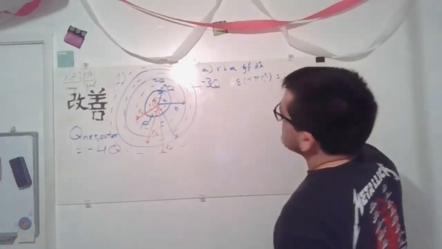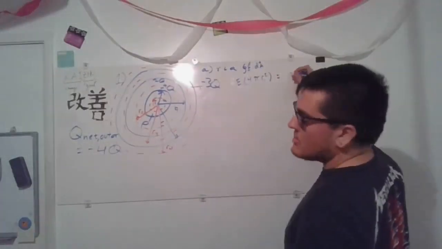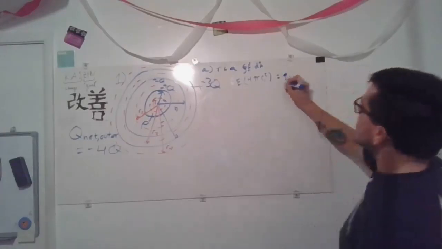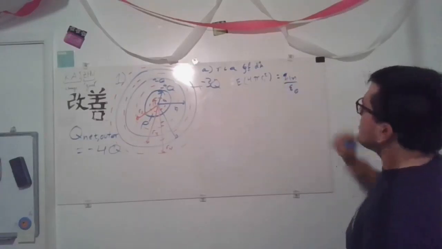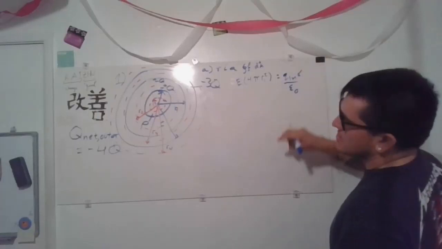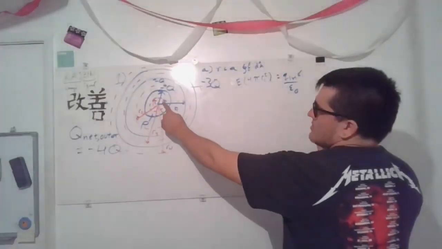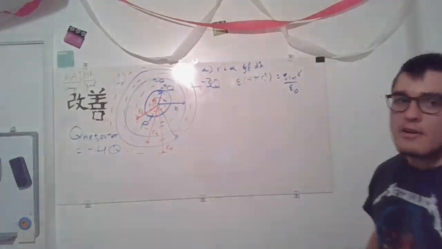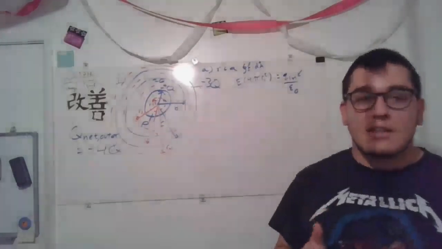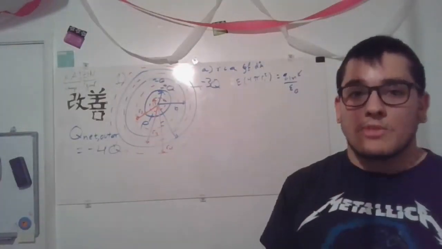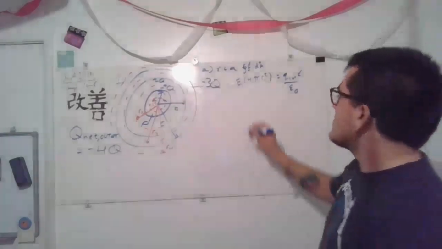Okay, now the right side, which is Q enclosed over epsilon sub naught. And what is this Q enclosed? That's going to be the charge enclosed within this sphere. Now we're told that it's an insulating sphere and it's also uniform, so we can use ratios.